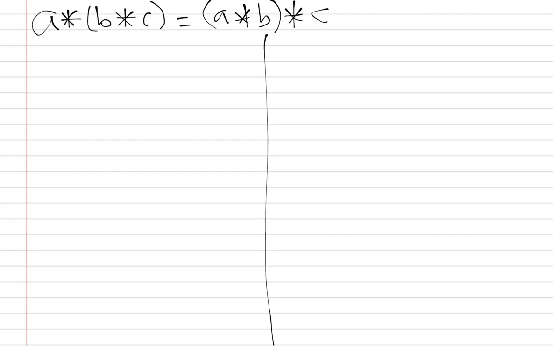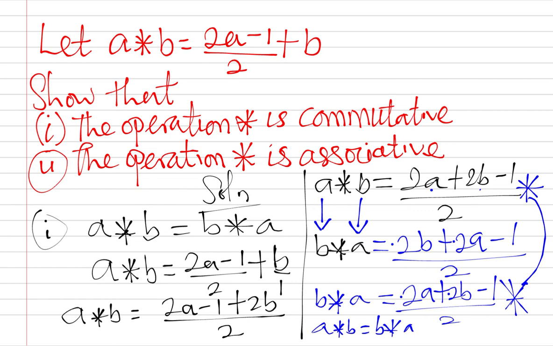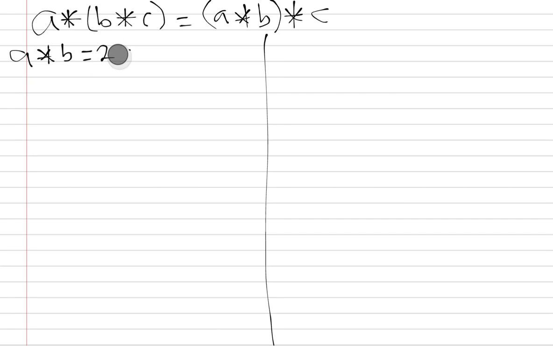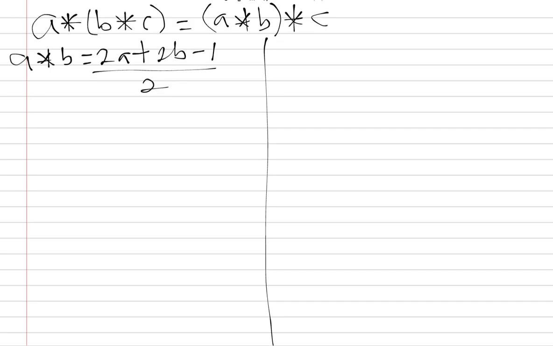Now you want to show that these are equal. Don't forget, what's our A star B? Our A star B is what we have here in this equation, this particular one. We just opened the bracket. That's why we have this. So our A star B is 2A plus 2B minus 1 all over 2.